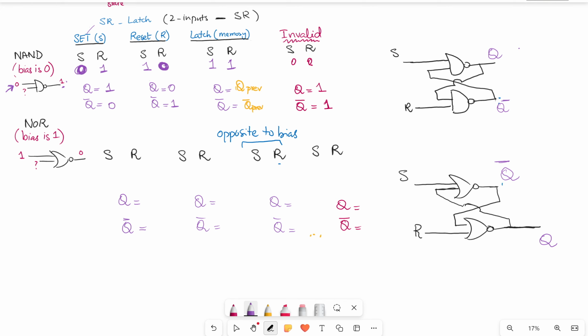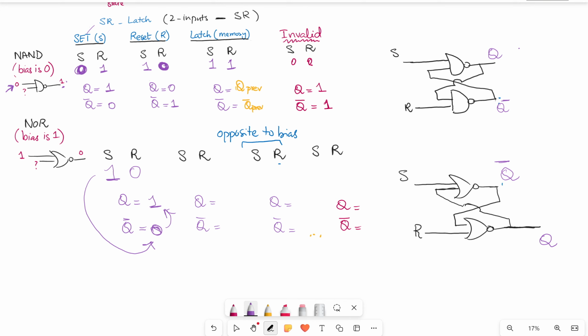Okay? So if we give 1 to set state, तो हमारा immediately क्या 0 होगा? Q naught will be 0. So this means कि if Q naught is 0, so आपका Q क्या हो जाएगा? 1 हो जाएगा. So let's see this, कि this will produce 0 on a Q naught, and this means the Q will automatically become 1. So the combination is 1 0.